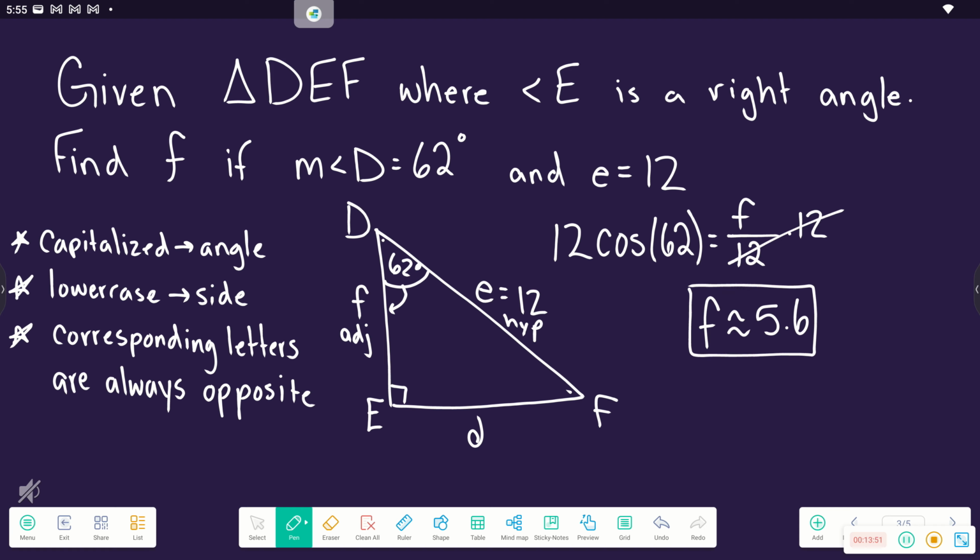Okay. Our three things over here are the important things that you need to know. If it's capitalized, then it's an angle. Lowercase is a side length. Corresponding letters are always opposite. So I know if angle E is a right angle, then that side opposite has to be the hypotenuse.